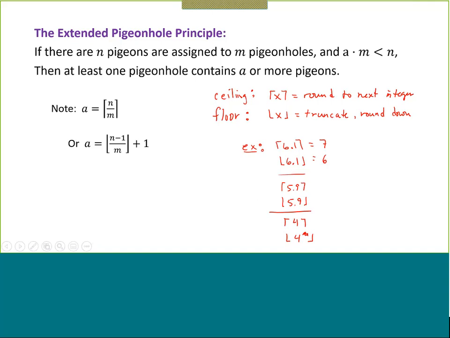Now, if we do this with this other example, this one is 5.9. If you take the ceiling of 5.9, what happens? Anybody spot what number we're going to get to? I'm going to let you guys answer these next ones. So the ceiling of 5.9 is, don't overthink it.